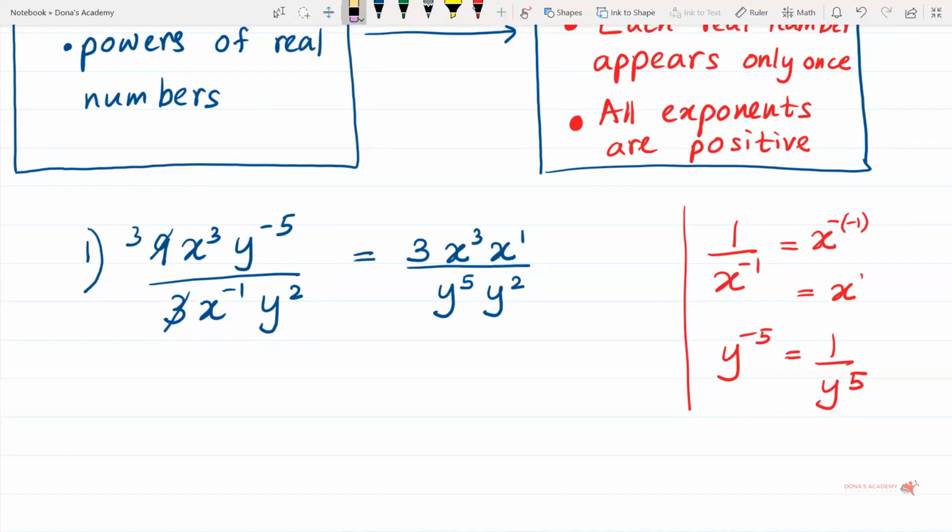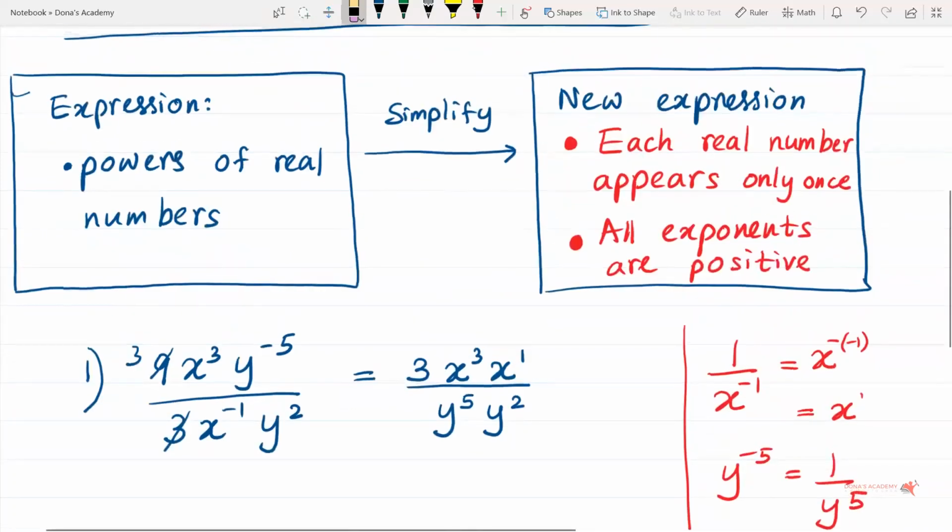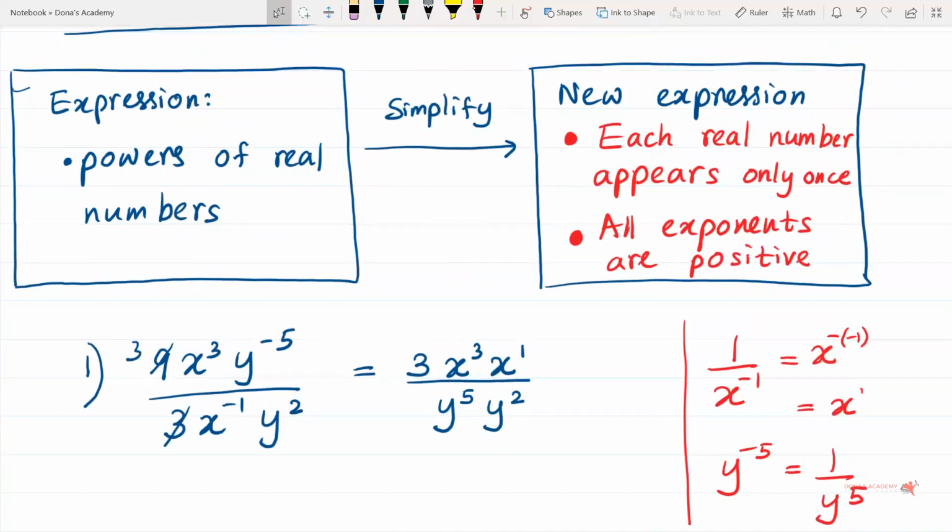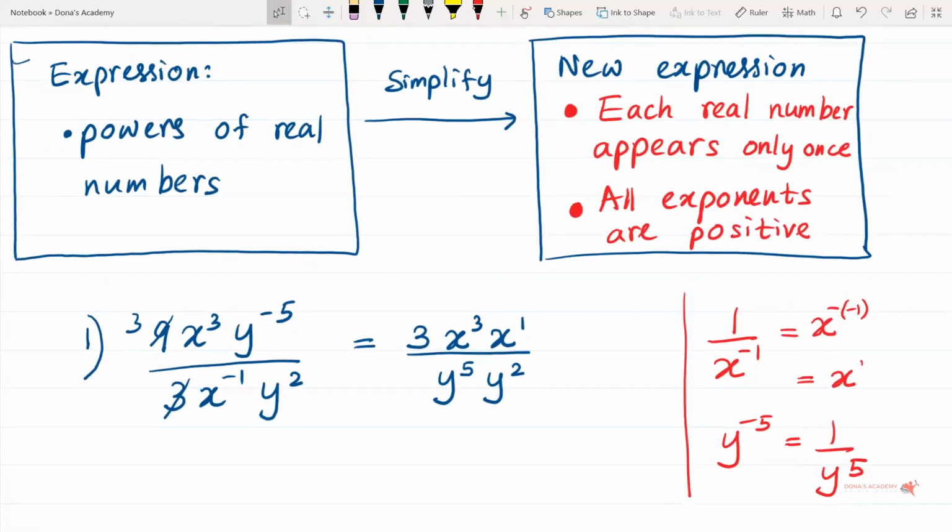Now, does it satisfy the conditions of a simplification? Let's check. First one, each real number appears only once. Is it okay here? No, it's not, because we see x in 2 places and y in 2 places. How about the second one? All exponents are positive. That is okay, right? We see positive exponents, but we have to satisfy both of these conditions, right? If it is not satisfying both of the conditions, then that means it's not simplified yet.